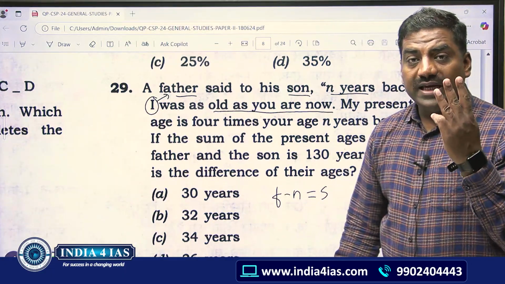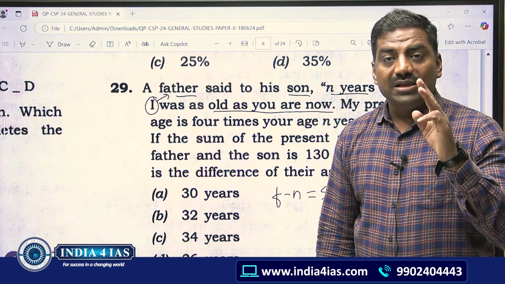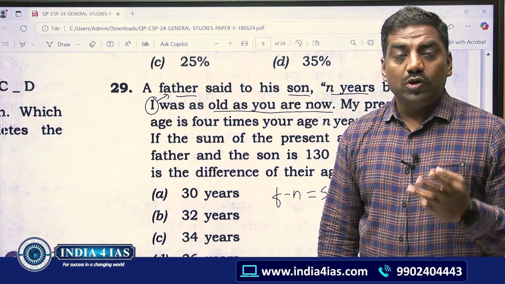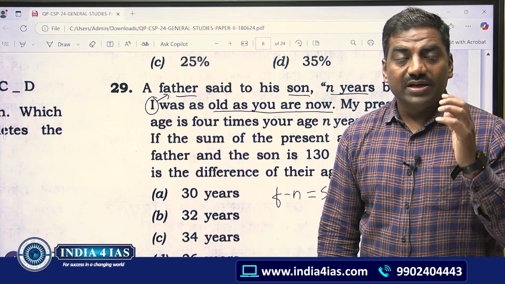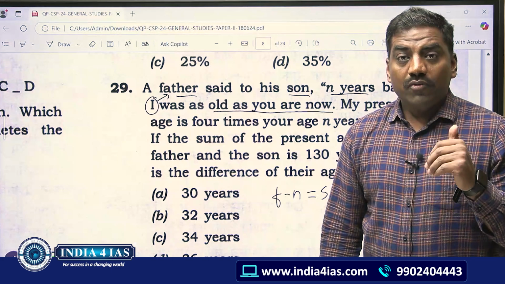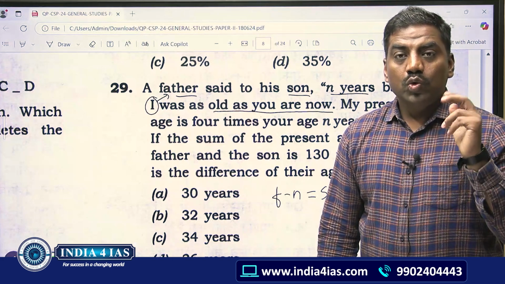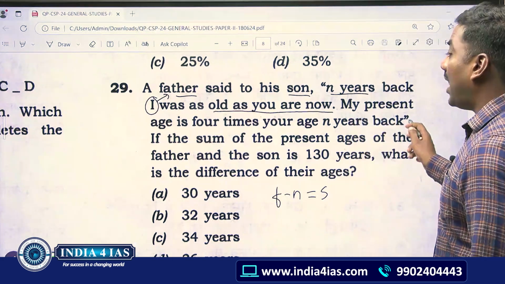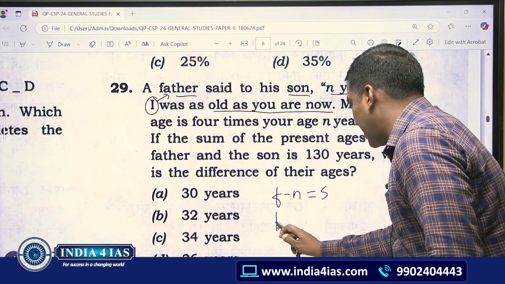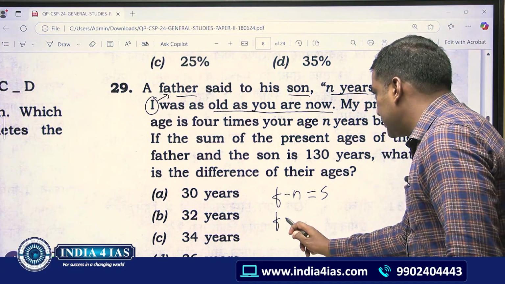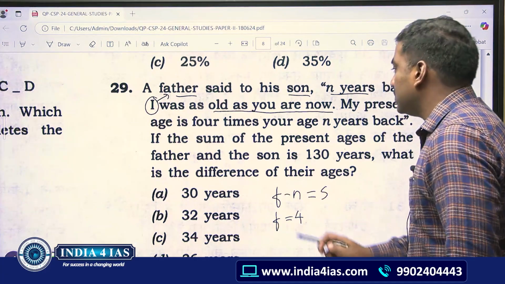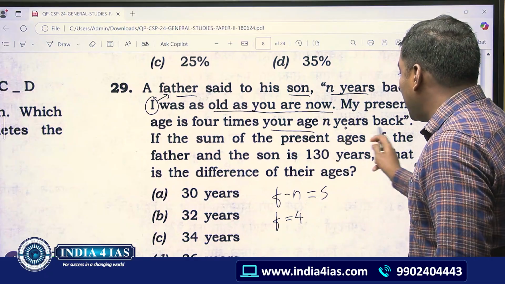Now you have seen three variables. When three variables are there, we have to make an effort to get three equations to get the complete solution. So now we have to look for another two equations. My present age, the father's present age, is 4 times your age n years back.